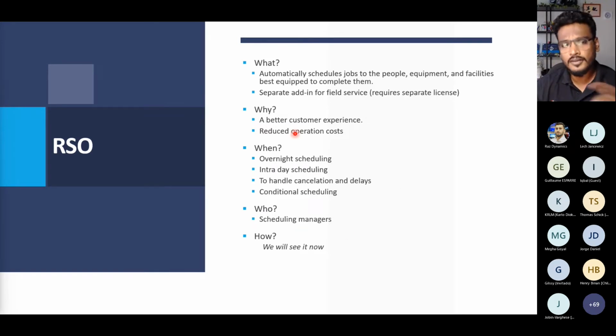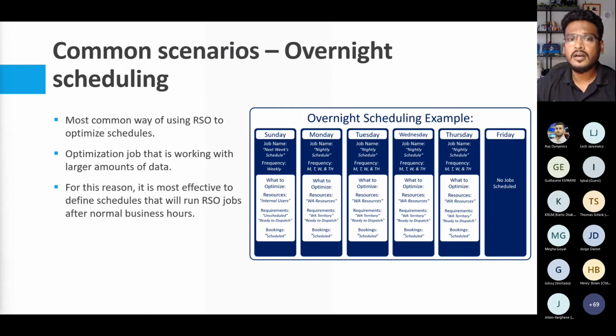So the common use case in RSO is overnight scheduling. You can have a planned overnight run, either every day or on a schedule, or for a specific customer, or for a specific region, or automatic scheduling for specific priority tickets.